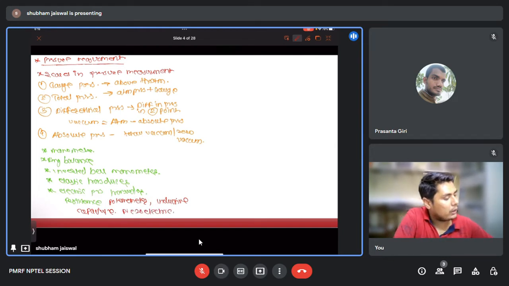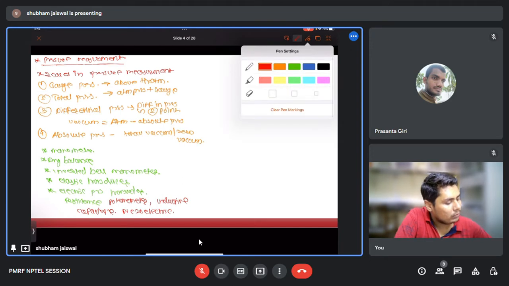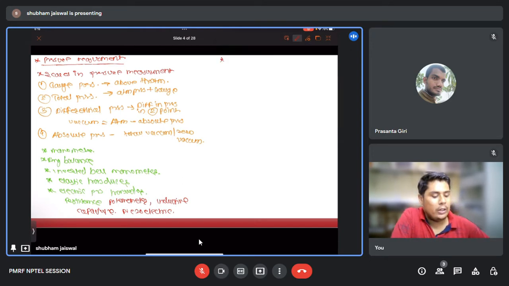And then at the end we have seen the dead weight pressure gauge.